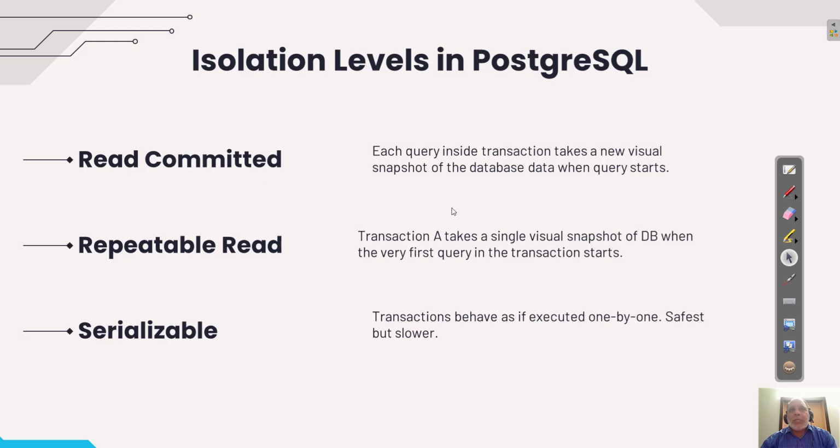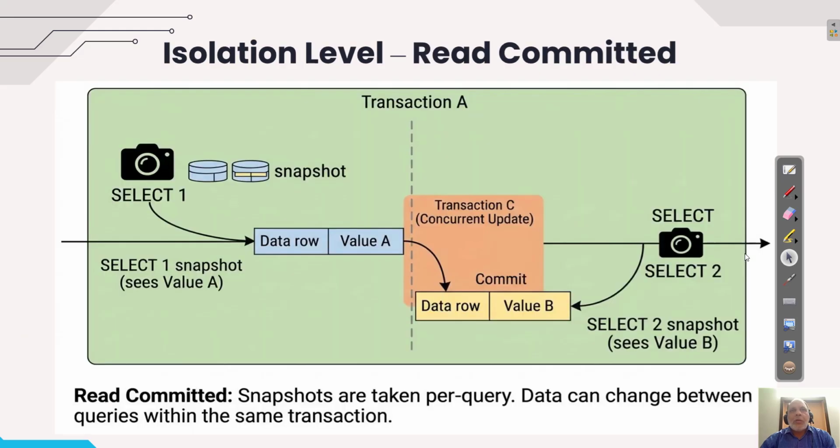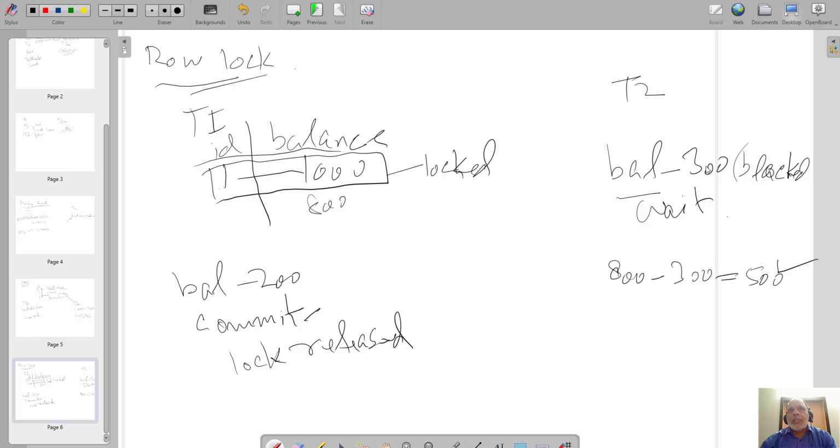In read committed, every query in the transaction takes a new visual snapshot of the database when the query starts. For example, transaction 1 has two queries. I will explain it here.